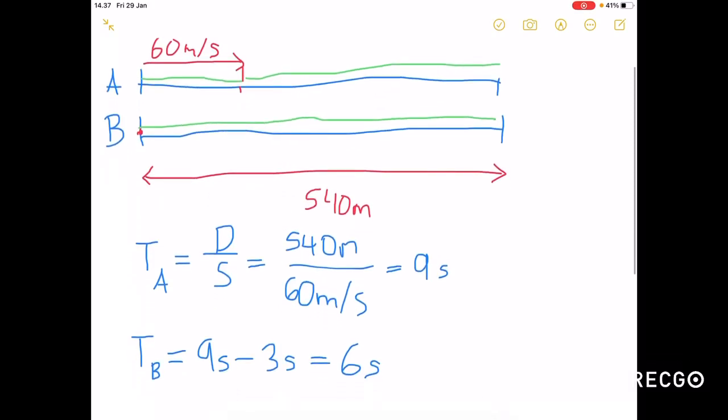And if you think logically, car A has more time because he has a head start, and car B has less time because he has to stop for 3 seconds and then he can gas.